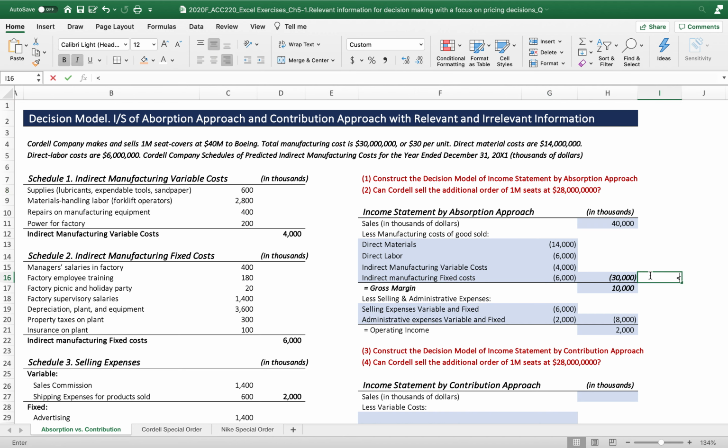But the problem is this 28,000 of additional selling price for the 1 million seats is lower than this manufacturing cost. So if we create the income statement by the absorption approach, we can make a decision that we cannot take this $28 million special order.